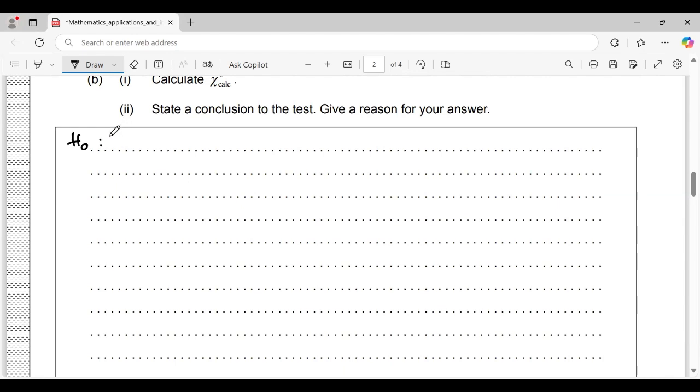It means the null hypothesis says that the size of papers is independent of color.